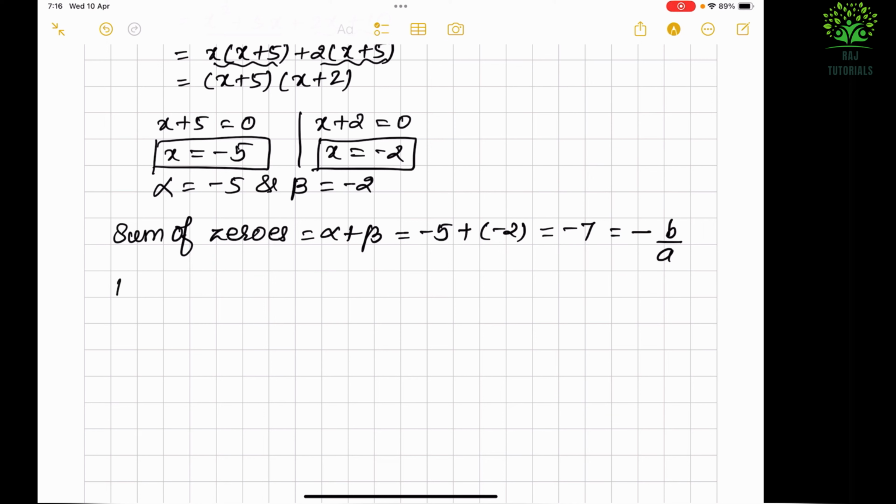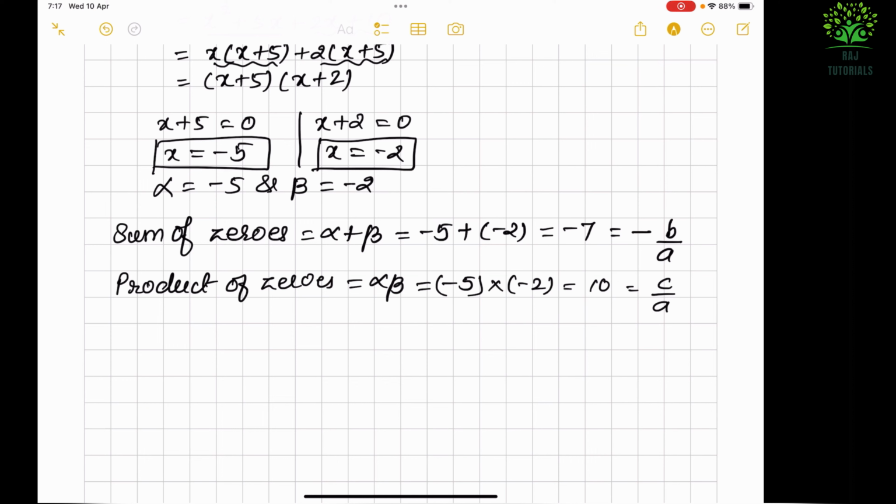Now the product of zeros equals alpha beta, which is equal to minus 5 into minus 2, so that is 10, and that is equal to c by a. The constant term was 10, so I proved the relationship between the zeros and coefficients.